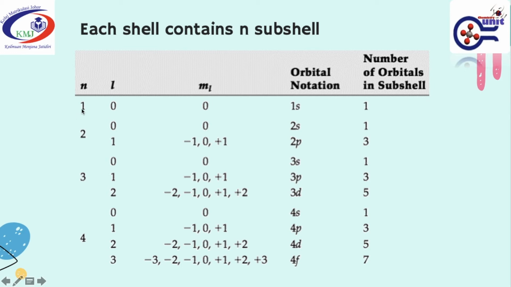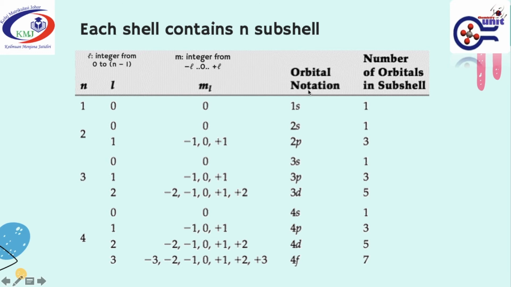N is equal to 1, L is equal to 0. Remember that L must be an integer from 0 to n minus 1. So L is equal to 0 because your n is 1. So when L is 0, M is 0 because M must be an integer from negative L, 0 to positive L.